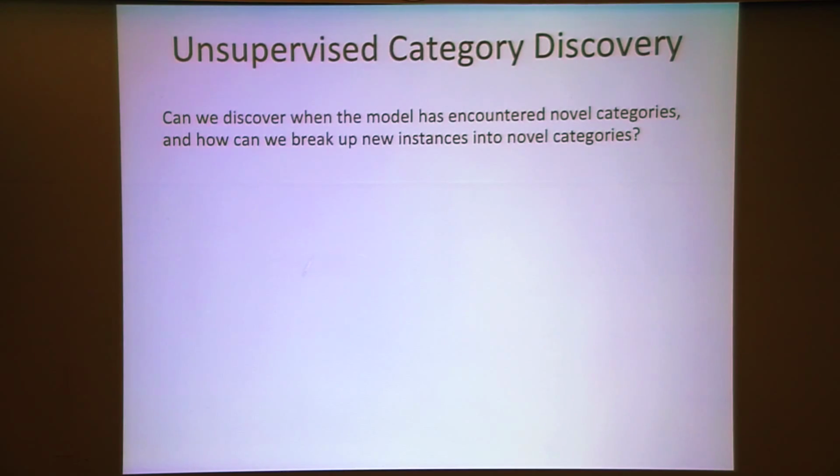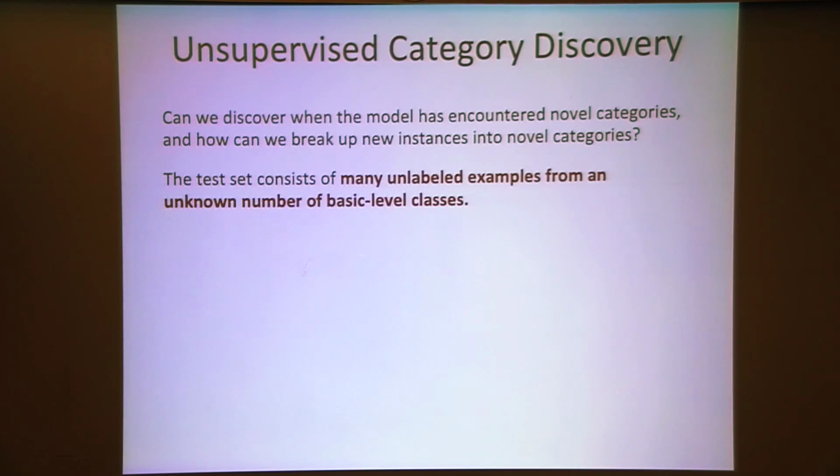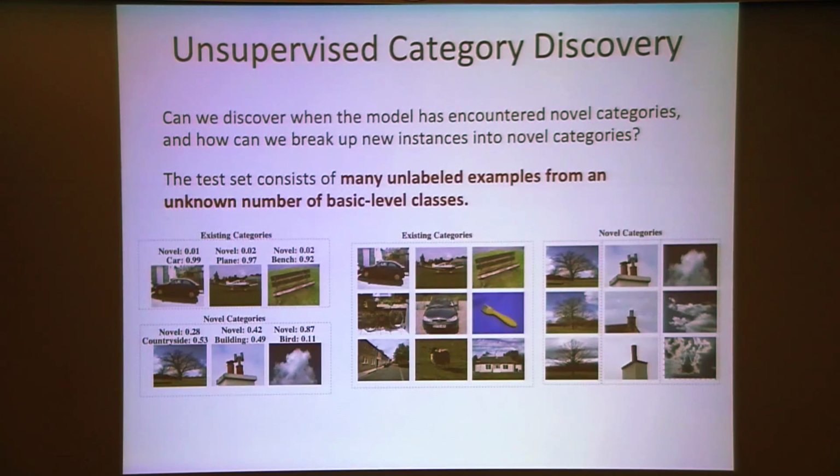You can also try something a little bit more ambitious: you can ask the model to say when it has encountered a novel category. Here is one particular test. You show the model many unlabeled examples, and you don't tell the model how many classes there are. You just show it new examples, and the model is able to break these examples up into the existing categories.